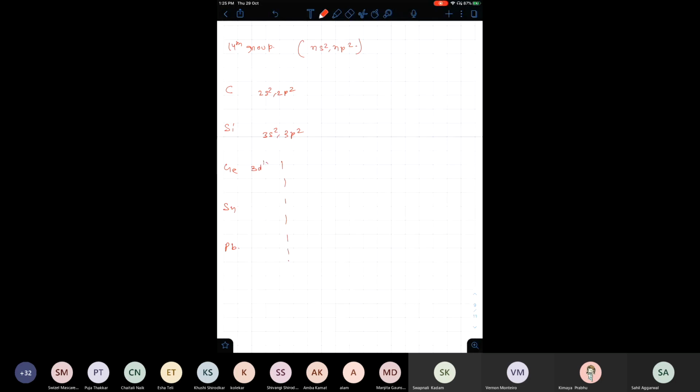Here there will be 3d10 also, 4d10, 5d10. The mnemonic will be "Chale Sitaji sang Prabhu". Understood?